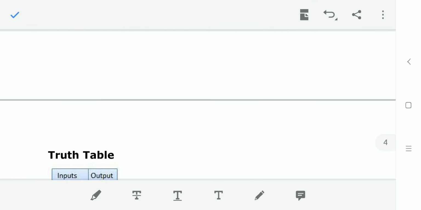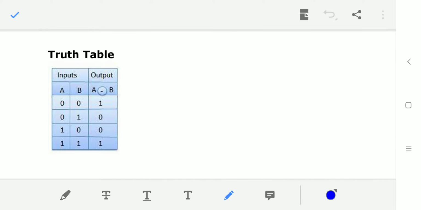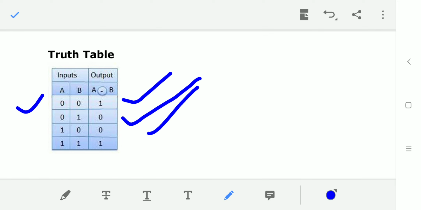And truth table of this is this way. If both inputs are false, then output will be true, and if any one of input is true, then output will be false, and if both inputs are true, then output will be true.